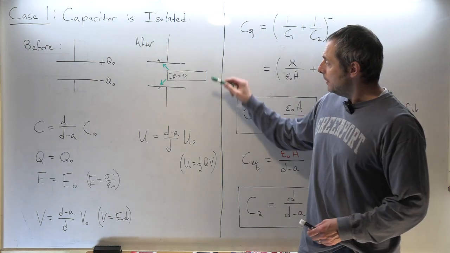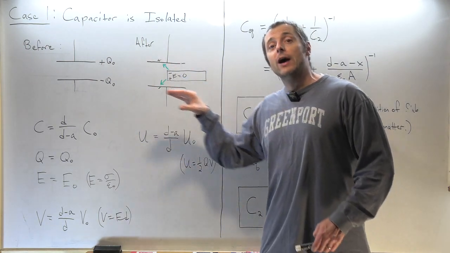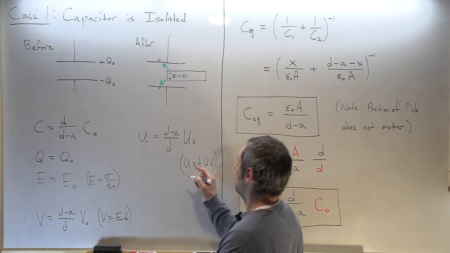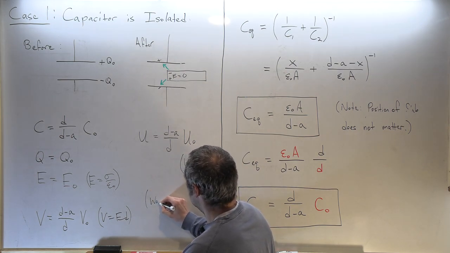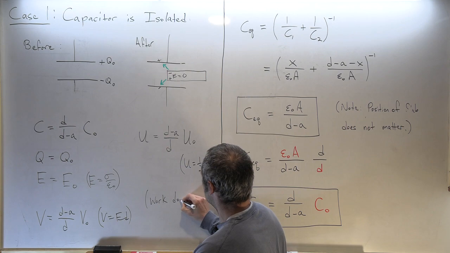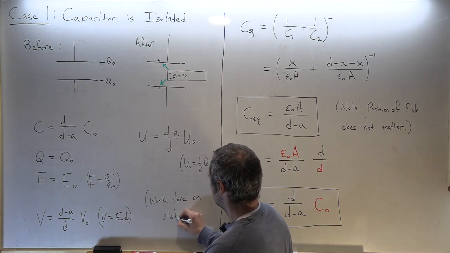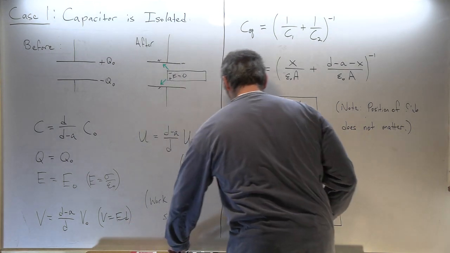The slab has work done on it. It's pulled in, and maybe it gets velocity, kinetic energy in the process. So the energy that's, quote, lost went to work on the slab. And so that's where that energy went, okay?